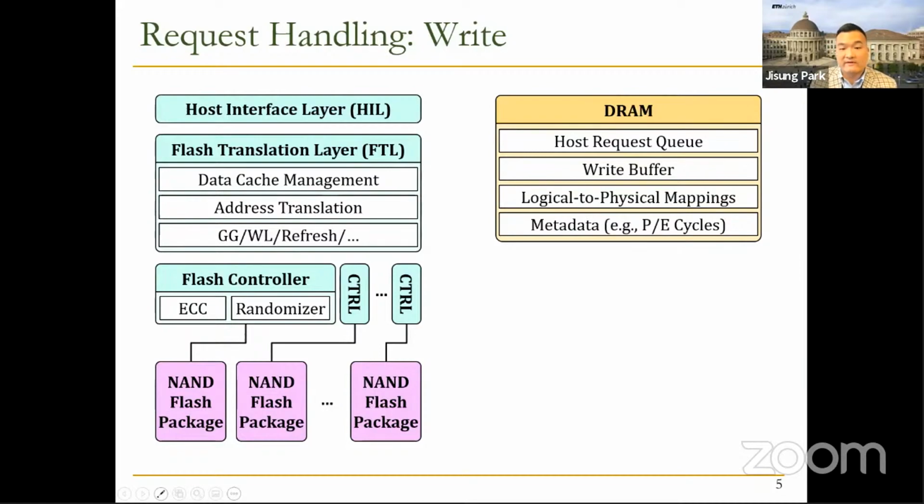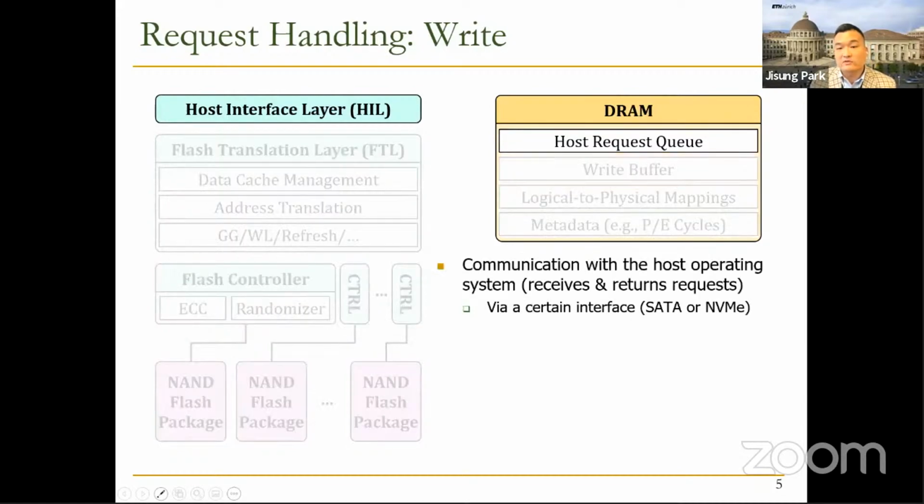So first, every I/O request comes through the host interface layer, which is responsible for the communication with the host operating system, meaning that the HIL receives and returns a host I/O request via a certain storage interface like SATA and NVMe interfaces.